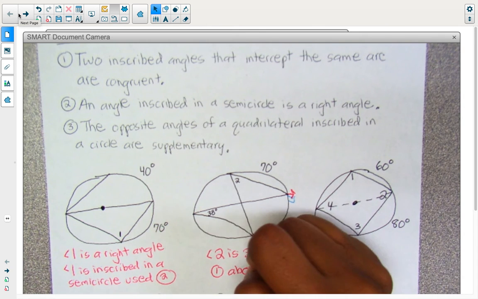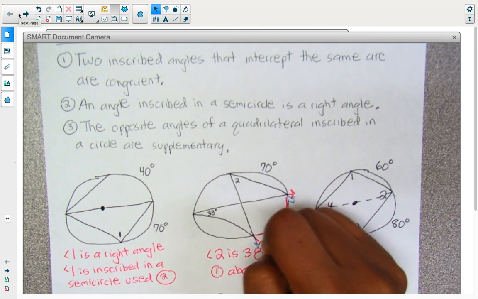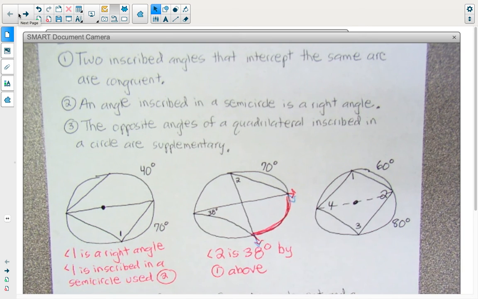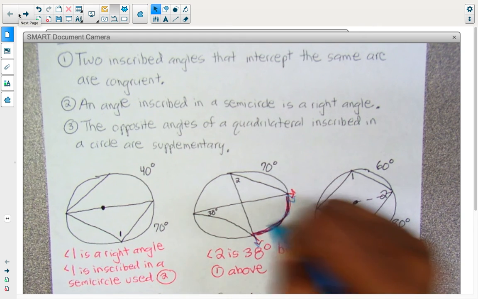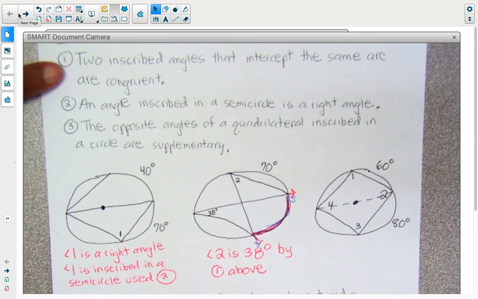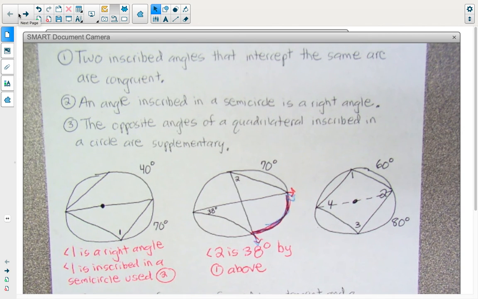The arc that they're intercepting is this arc over here that I'm highlighting in red, and I'll go back and show you it's the same one I highlight in blue. So 2 inscribed angles that intercept the same arc are congruent. So I knew that angle 2 was also 38 degrees.